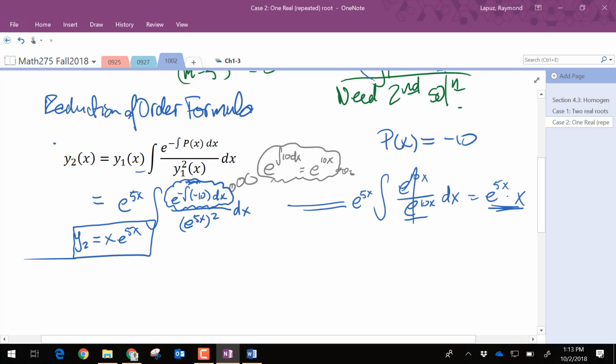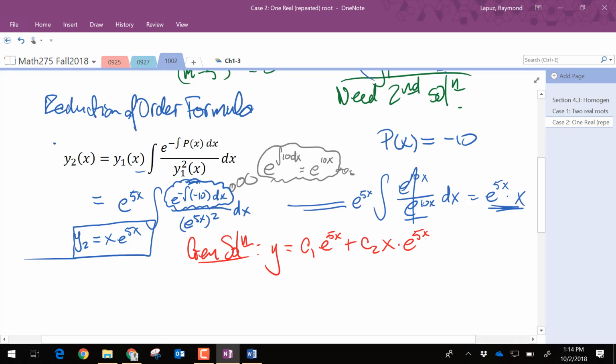All right. So I think we're good. And then your general solution: y is equal to C1 e to the 5x plus C2 x times e to the 5x.